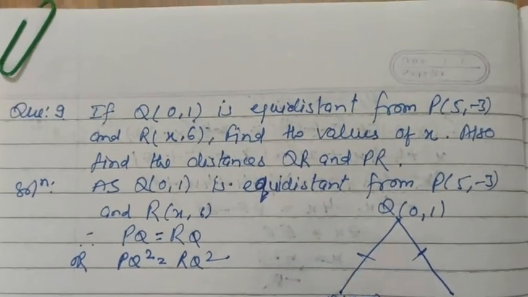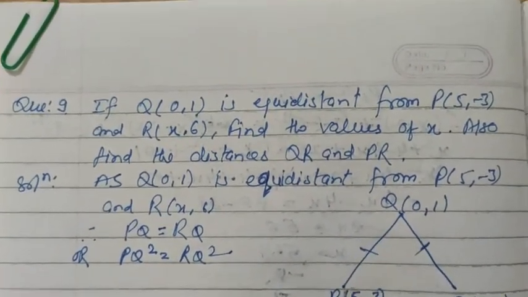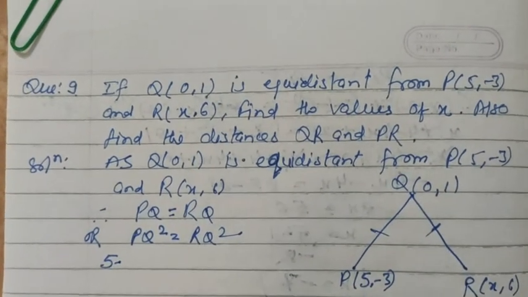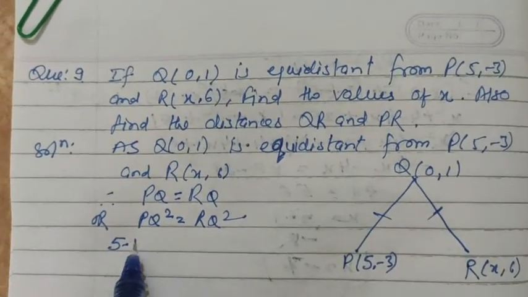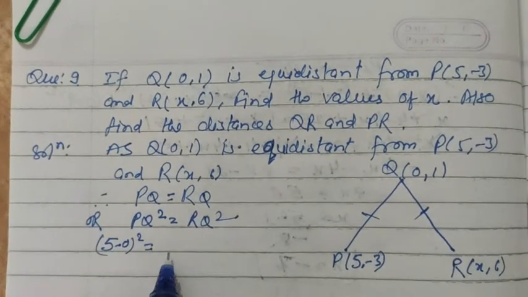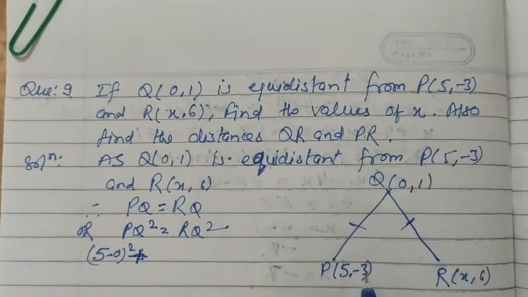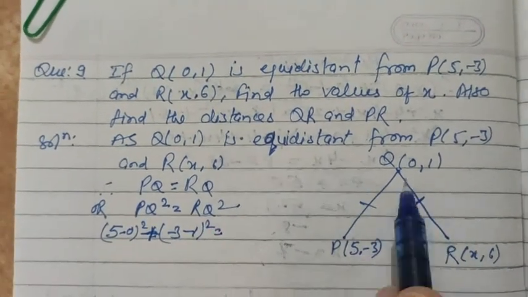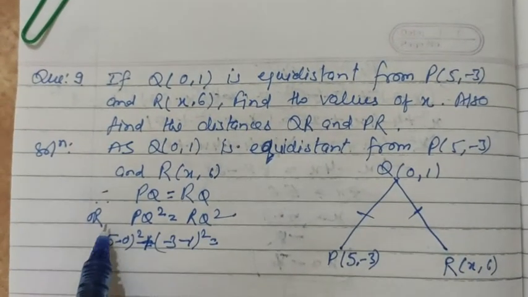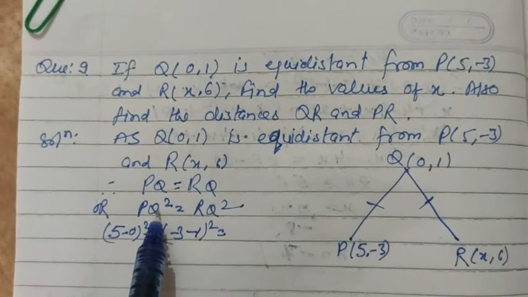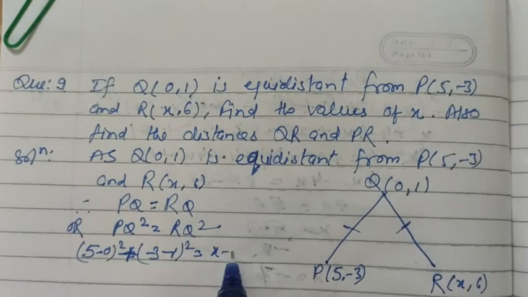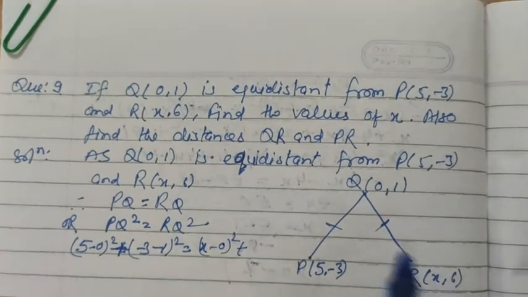PQ square means we have (5 minus 0) square plus (minus 3 minus 1) square. There is no square root sign as we already did the squaring. Next, RQ square, that is (x minus 0) square plus (6 minus 1) square.